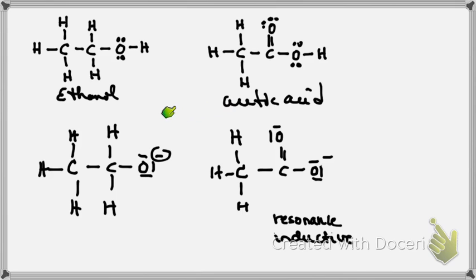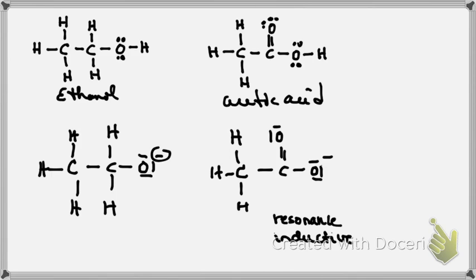Acetic acid versus ethanol. Acetic acid is about 10 to the 10th times stronger. So what's 10 to the 9th? A billion. It's 10 billion times stronger. It's not a strong acid still, though. It's still a weak acid.